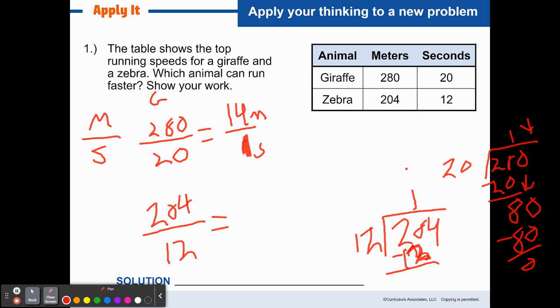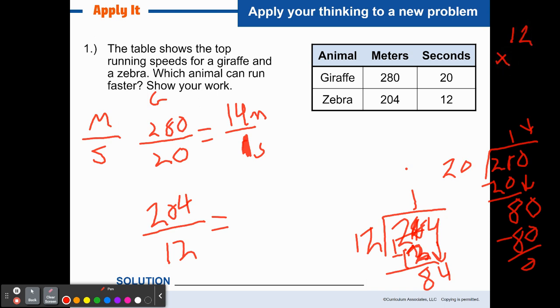Alright. We want to borrow. This would be a 1, that'd be an 8. Or not an 8, a 10. 10 minus 2 is 8. Bring down your 4. So we've got 84. Well, maybe we can come over here.